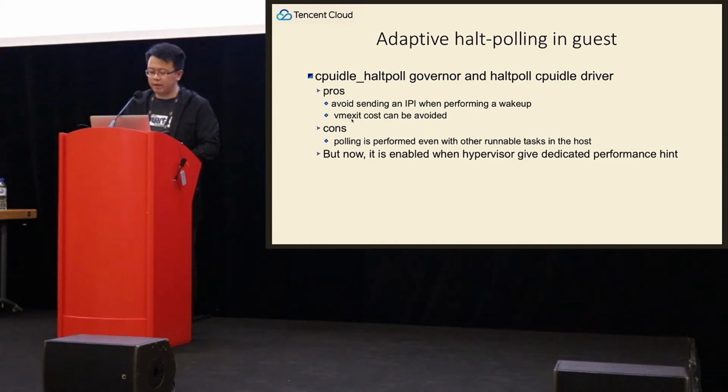So this limits the available scenarios for the haltpoll governor and the haltpoll cpuidle driver. Now we enable this feature when the hypervisor gives a dedicated performance hint to the guest, which means that the VM has dedicated physical CPUs. Polling in the guest will not influence other VMs.